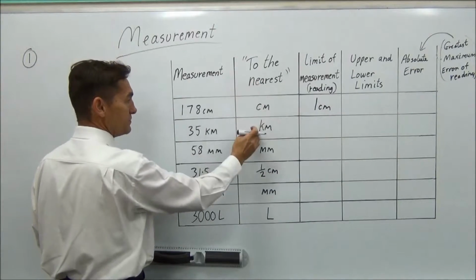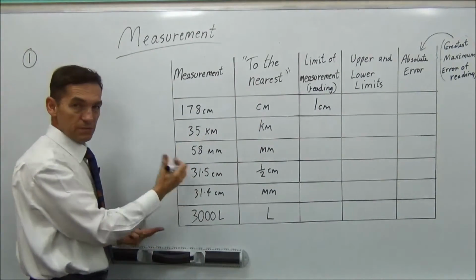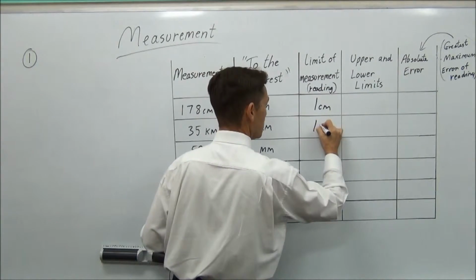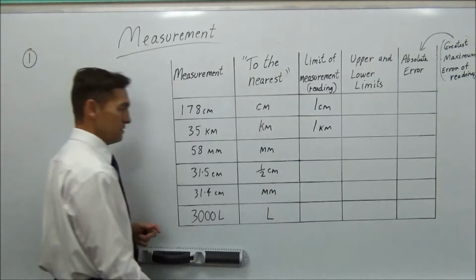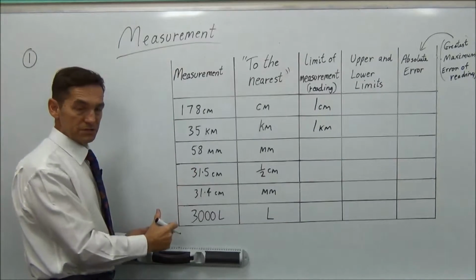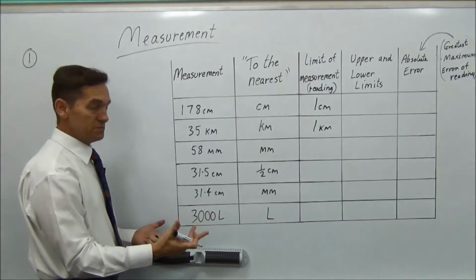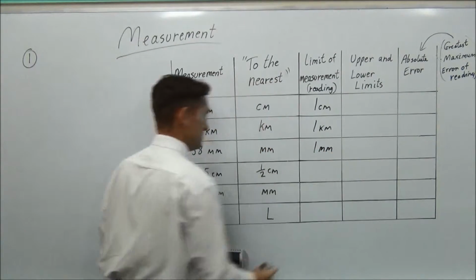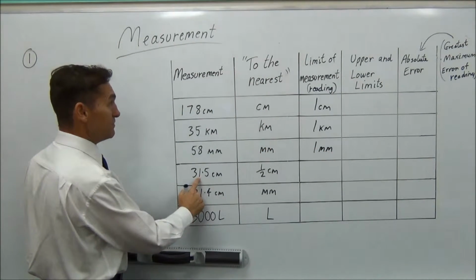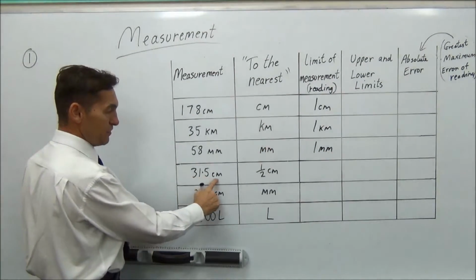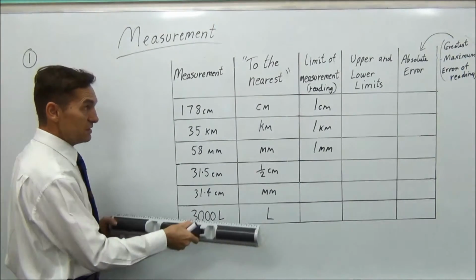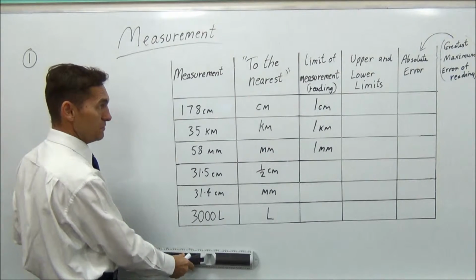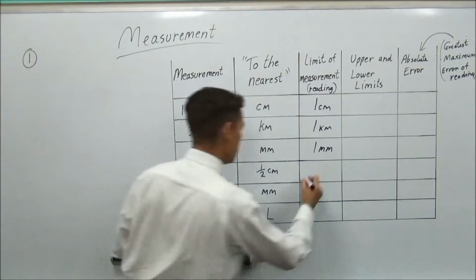Again, if it was a 35 kilometre drive, to the nearest kilometre, the limit of measurement is 1 kilometre. Something that's 58 millimetres long to the nearest millimetre, the limit of measurement is 1 millimetre. It's pretty easy, isn't it? You should be able to do the rest. If you measure something that's 31.5 centimetres, and it's to the nearest half centimetre, well, what's the limit of measurement? Half a centimetre.